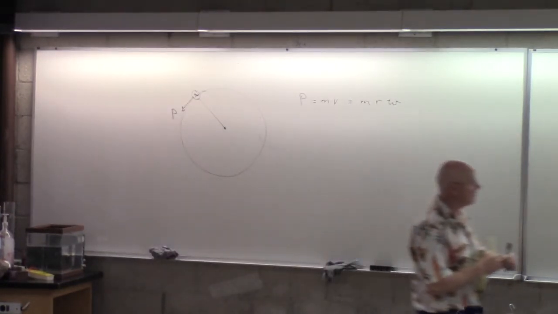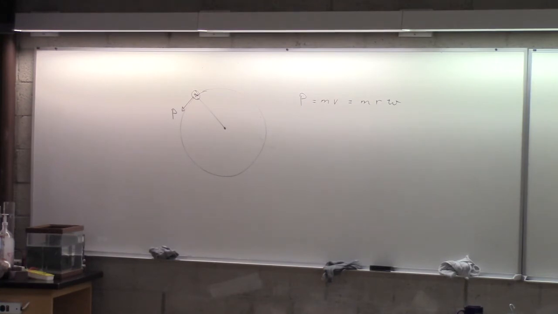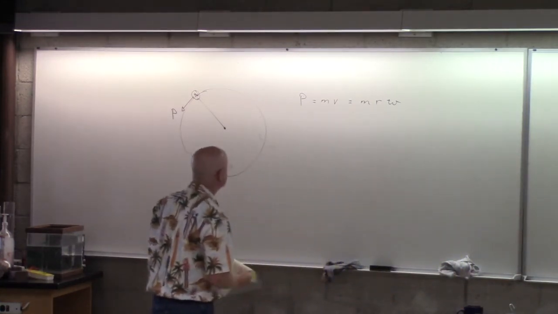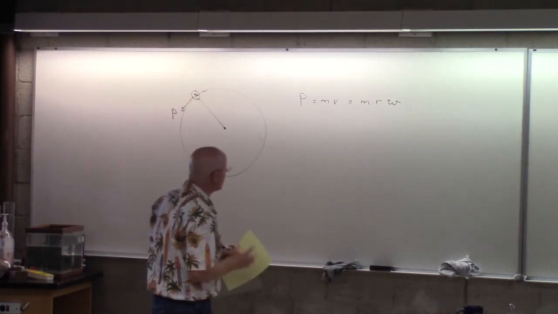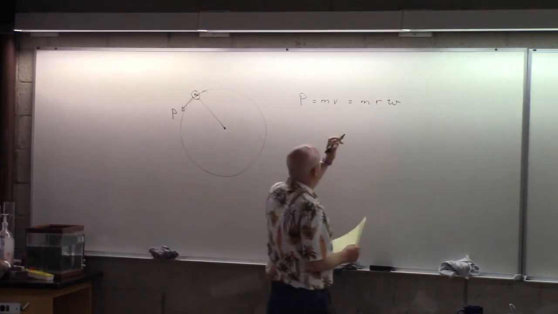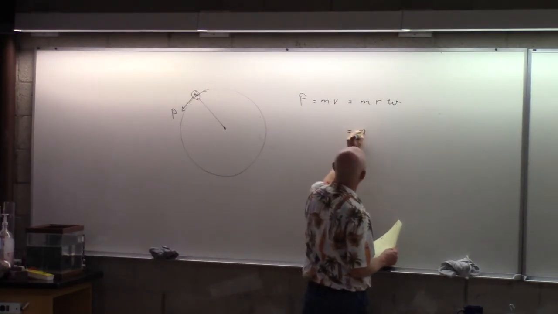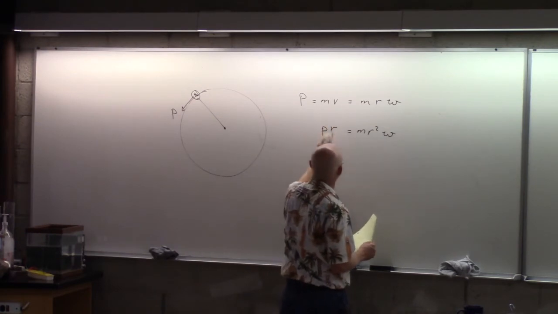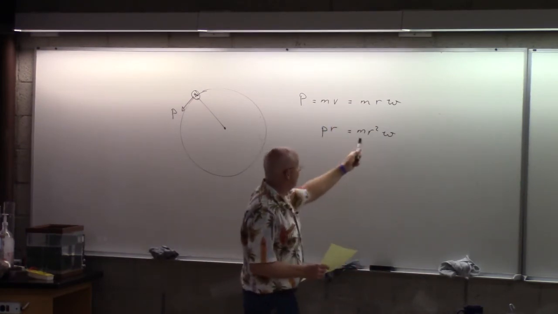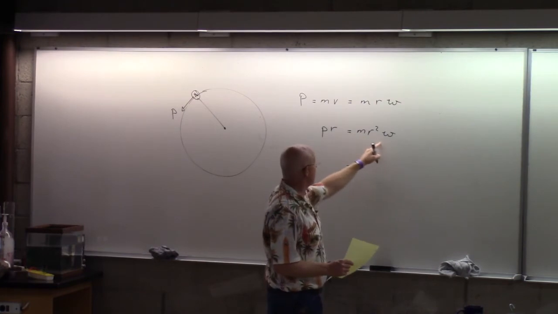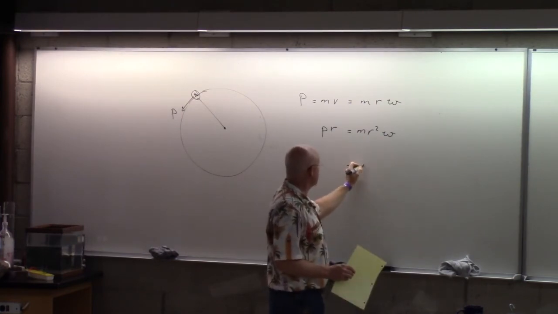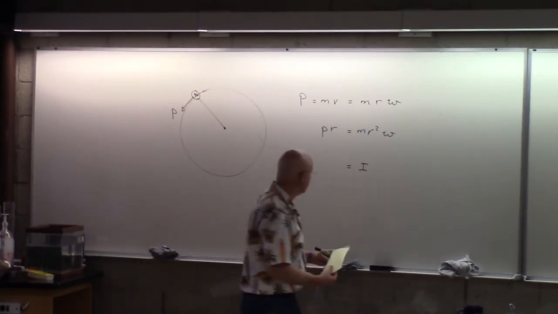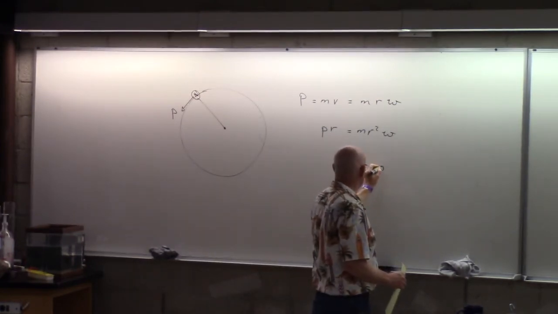I erased it on the break, but that was that little chart we had right here. We can go from translational velocity to rotational velocity. And let's take advantage of the fact that if we multiplied both sides by r, on this side of the equation, we would get something that is this rotational inertia, this I, times this omega.